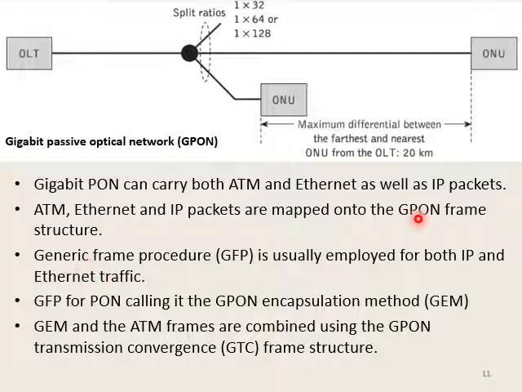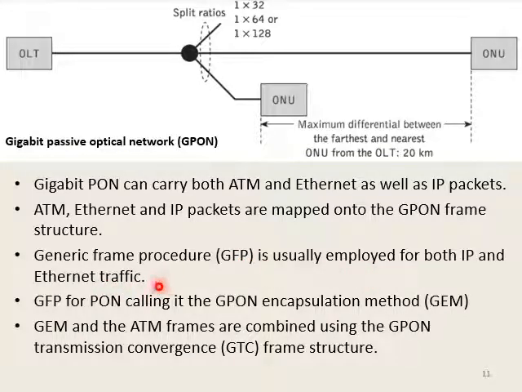This GPON frame structure includes all these Ethernet, IP packets and ATM. The Generic Framing Procedure, GFP, is usually employed for both IP and Ethernet traffic.